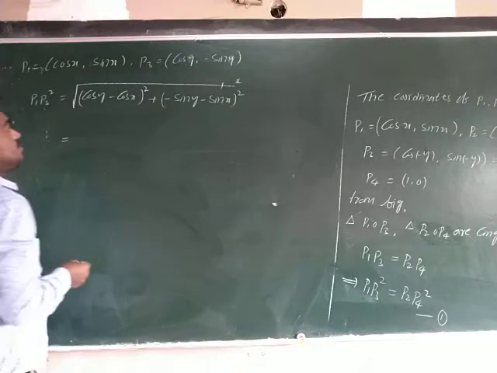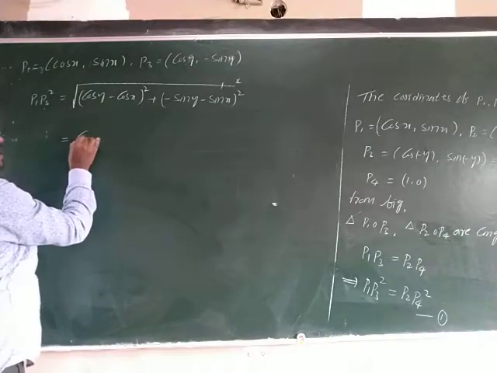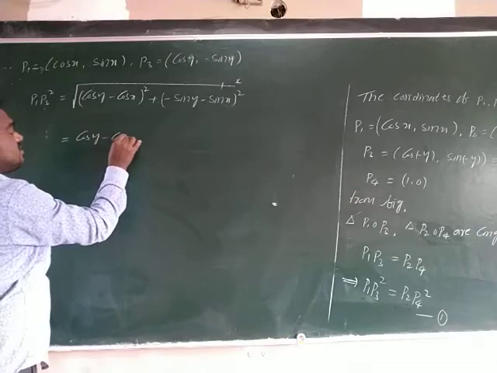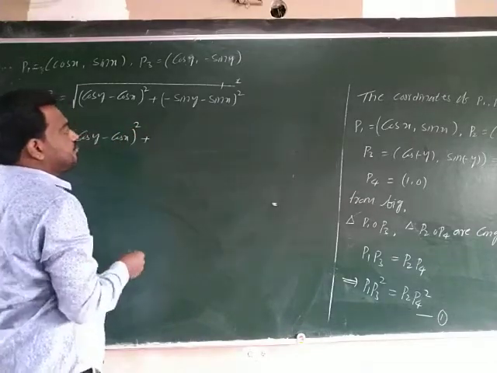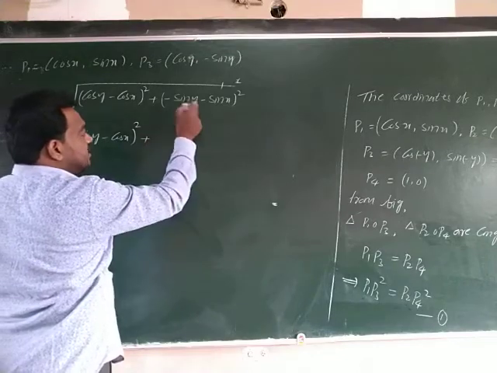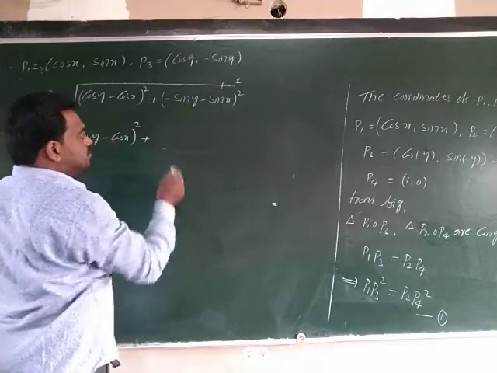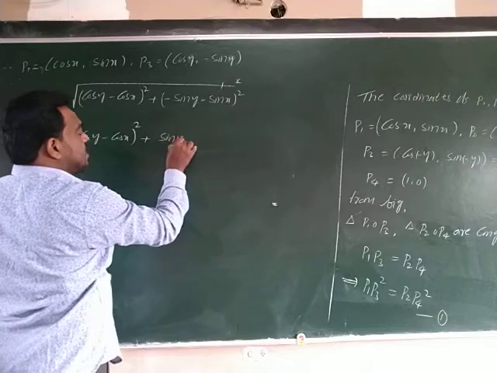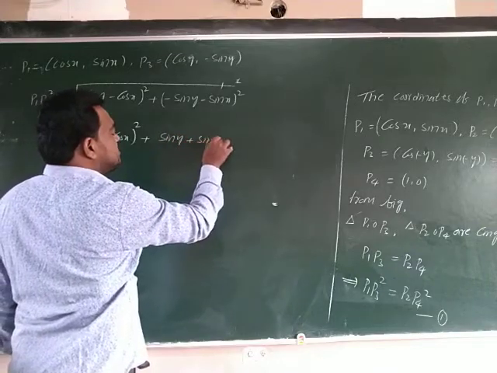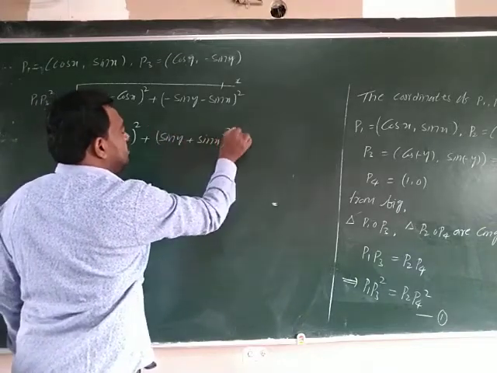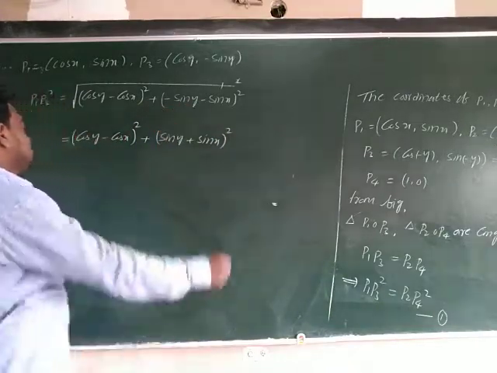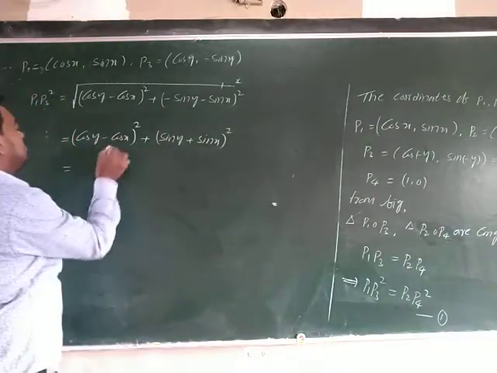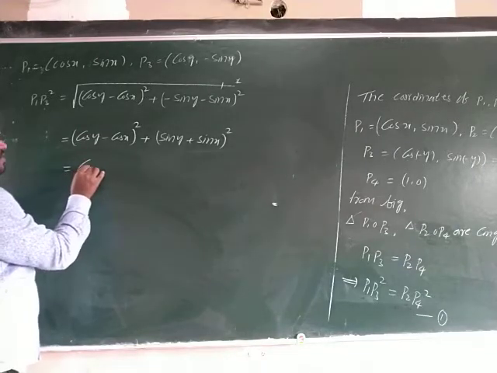This is equal to cos y minus cos x whole square plus, taking minus common, minus whole square is equal to plus only, sin y plus sin x whole square. It is in the form of a minus b whole square, which is a square plus b square minus 2ab.